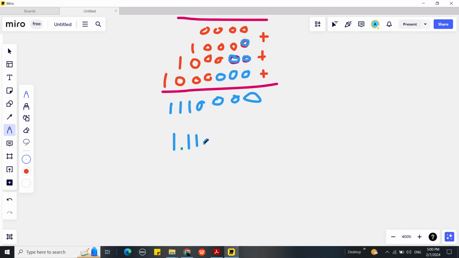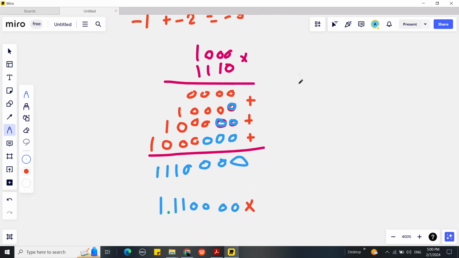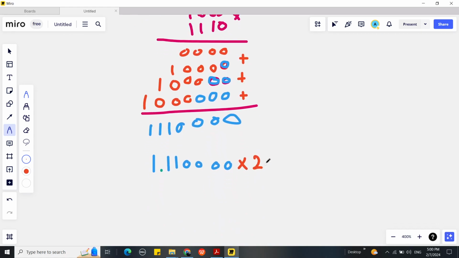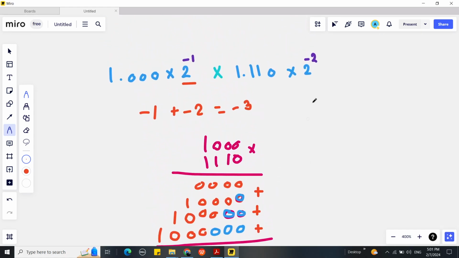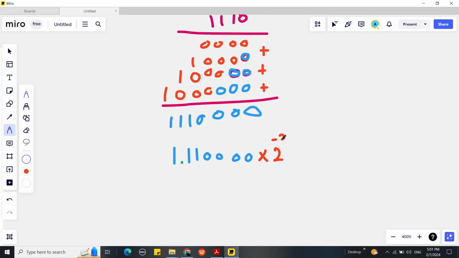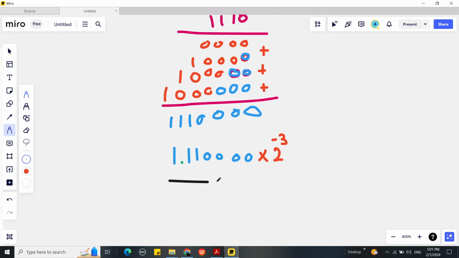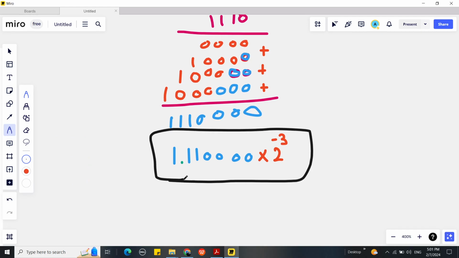But if you want, you can also add the zeros, and then it's gonna be, let's change it to red, times our base was 2, so it's gonna stay 2. And then what was the summation of our powers? Negative 2 plus negative 1 is gonna be negative 3. So this is gonna be actually 2 power negative 3. And this is how you multiply floating points. This is the final answer.